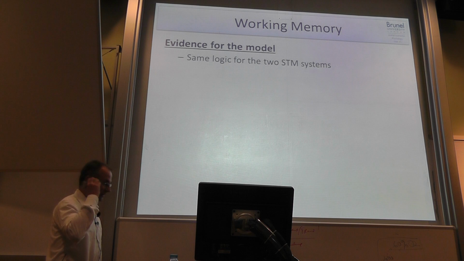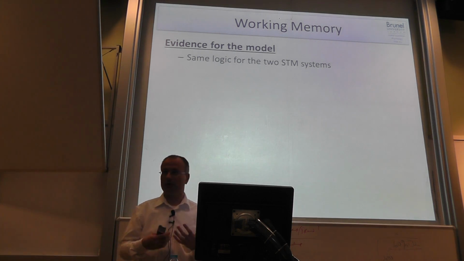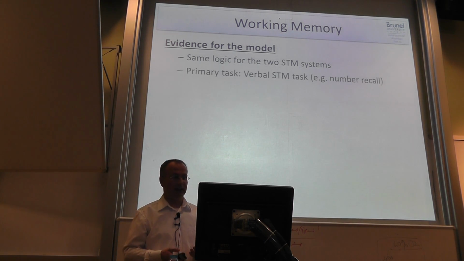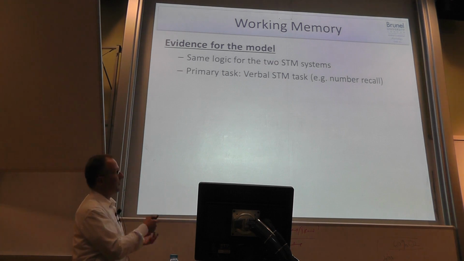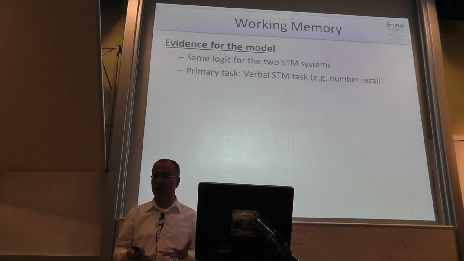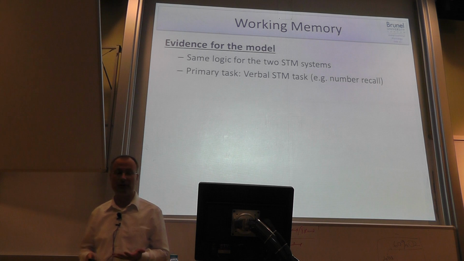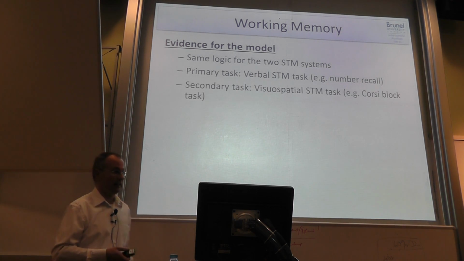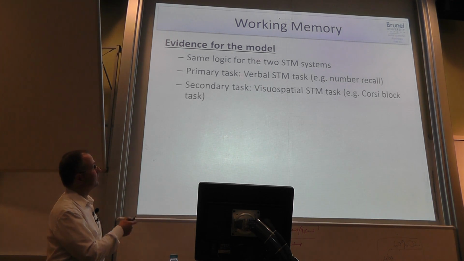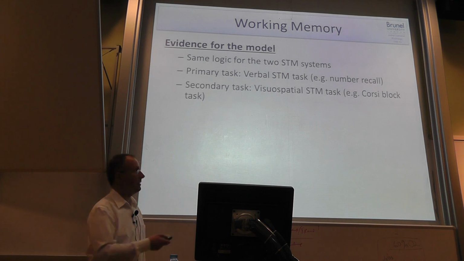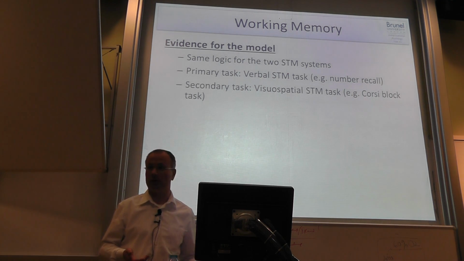The same logic they applied for the short-term memory systems. Suppose you do as a primary task a verbal short-term memory task, let's say again a number recall task, and as a secondary task again a verbal task, maybe not number recall but word recall.